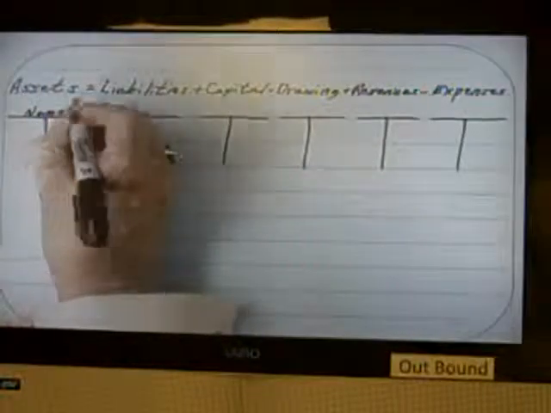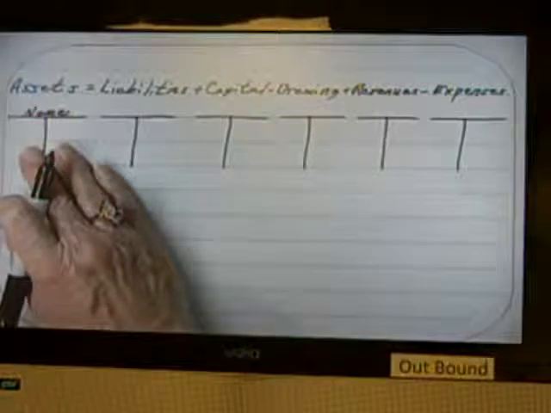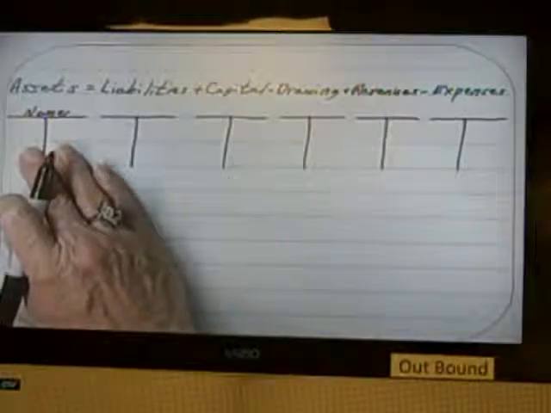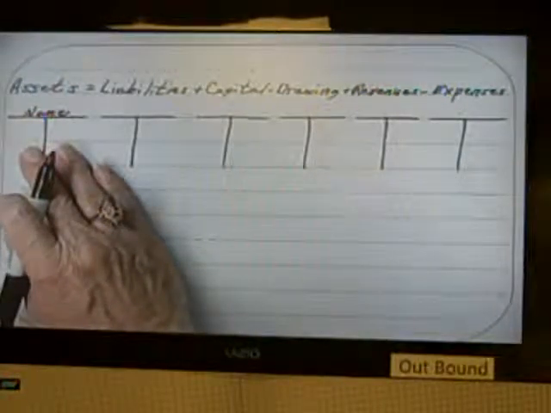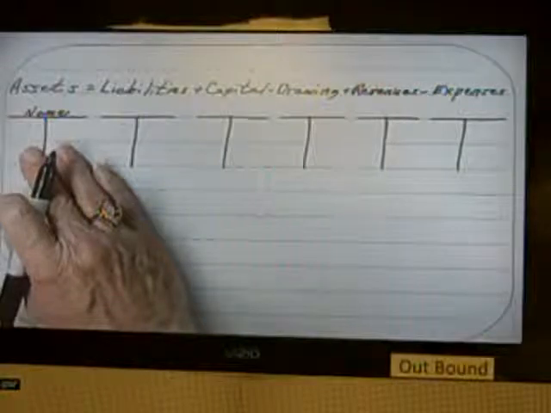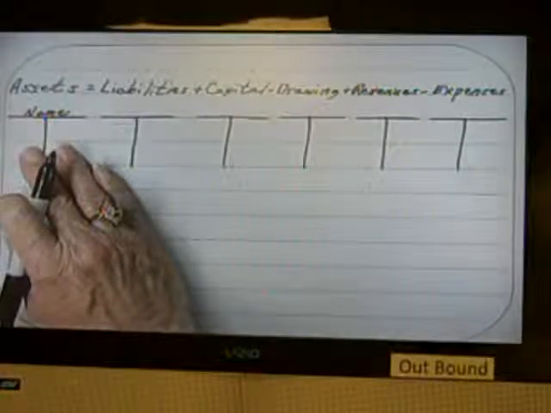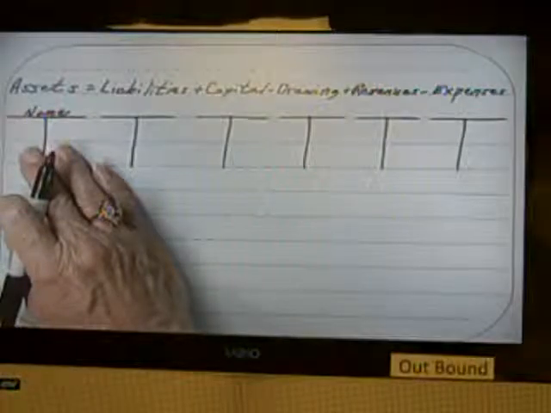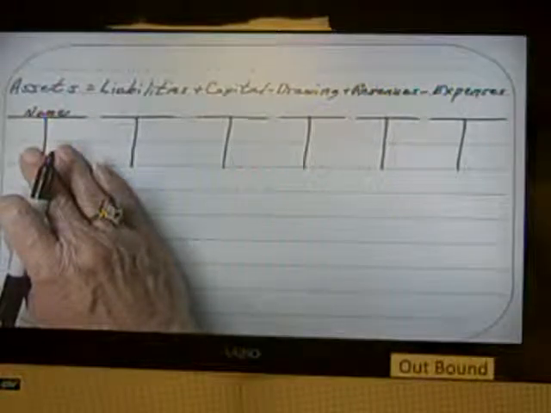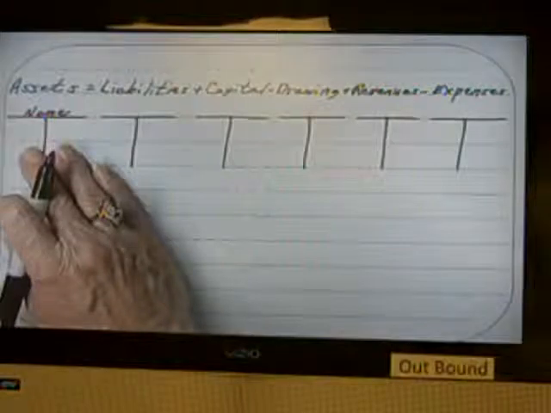All assets have a name. I'm going to write name. All assets have a name. And I'm going to name some assets. Some of the names for assets would be cash, accounts receivable, notes receivable, supplies, inventory, equipment, buildings, land. All those are assets, things of value that we own.